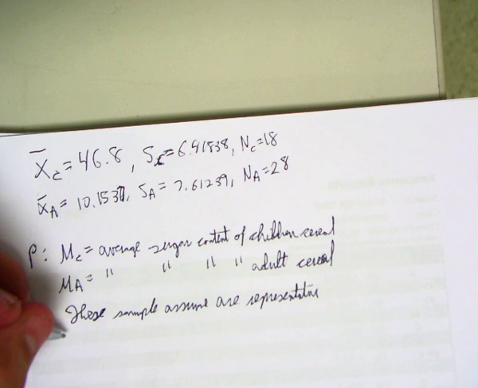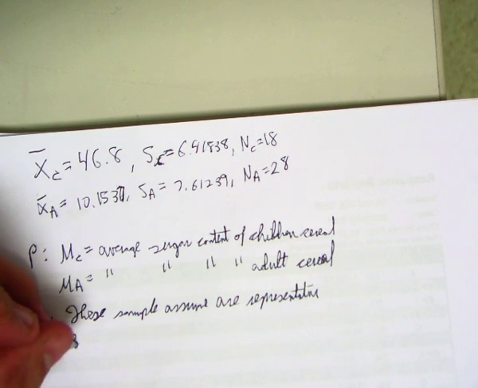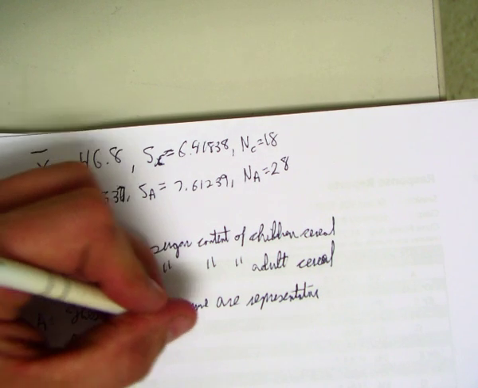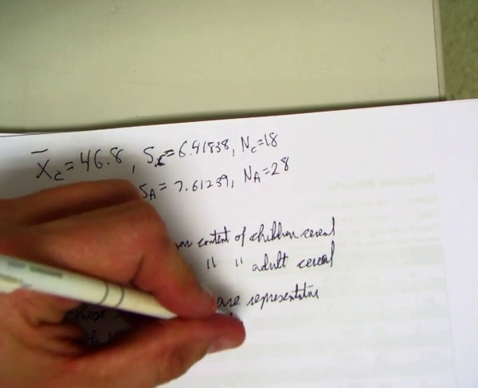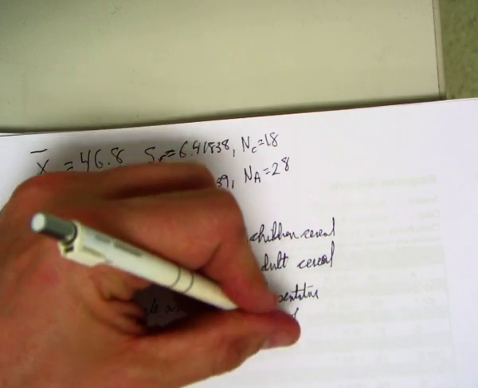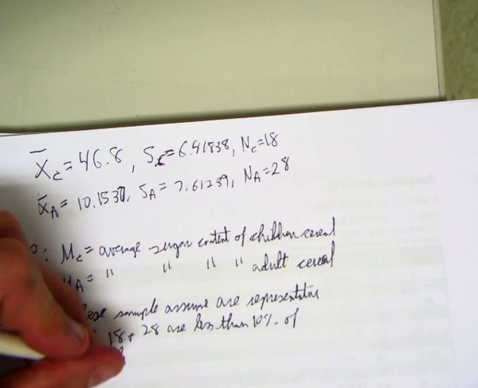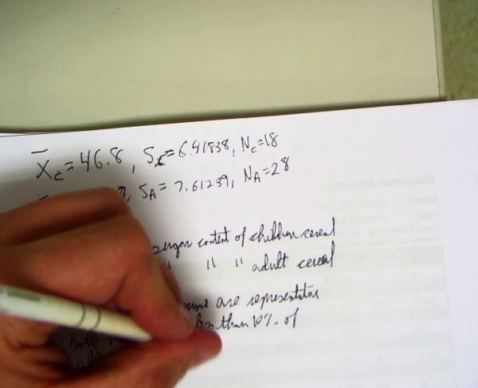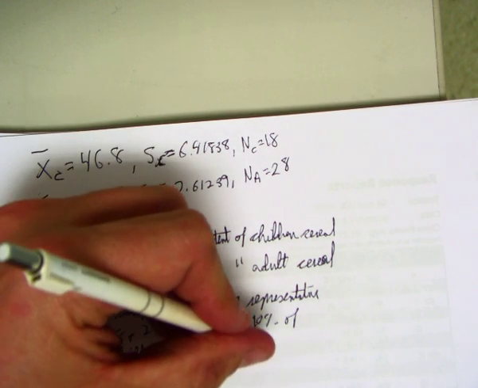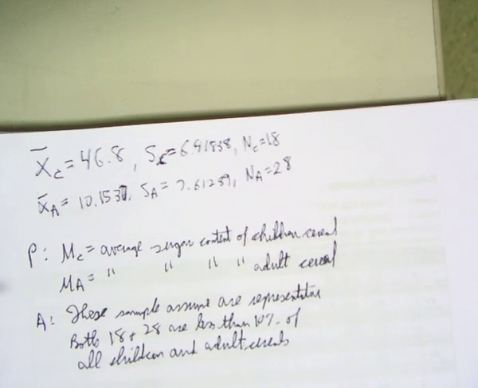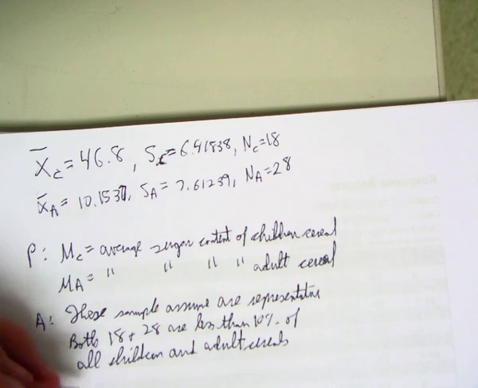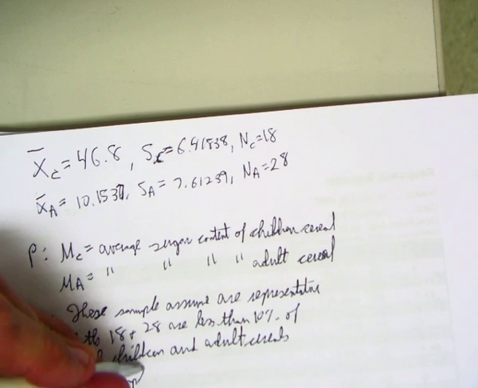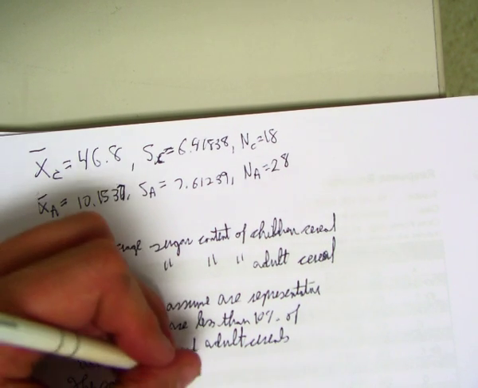Both 18 and 28 are less than 10% of all children's and adult cereals. The samples are independent.